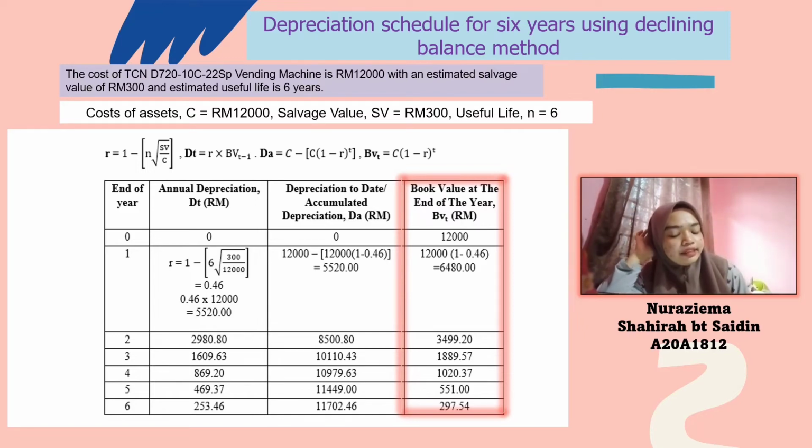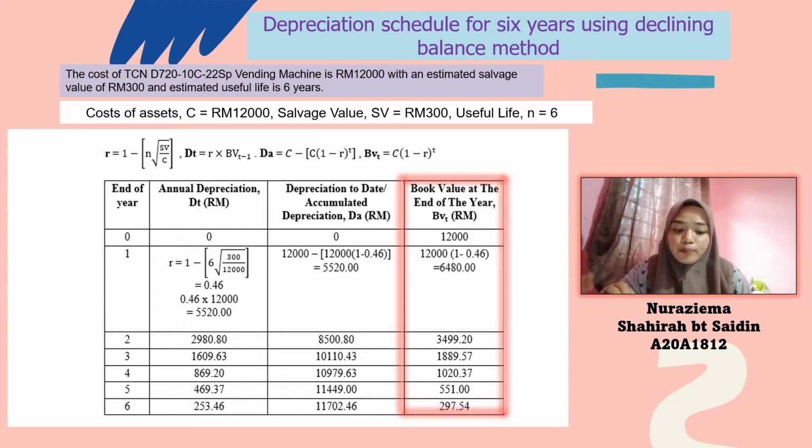As example, the book value of year 1 is 6,480 ringgit, and the annual depreciation of year 2 is 2,980 ringgit and 80 cent.